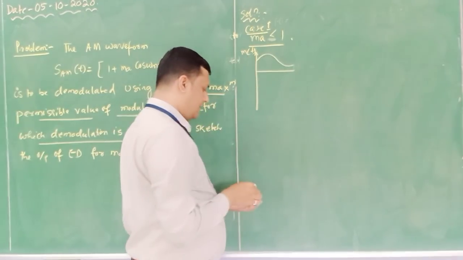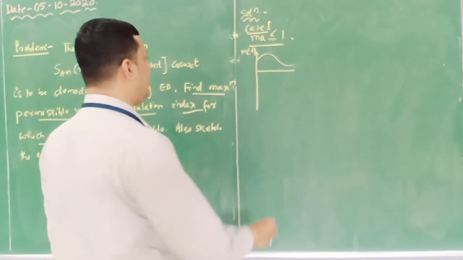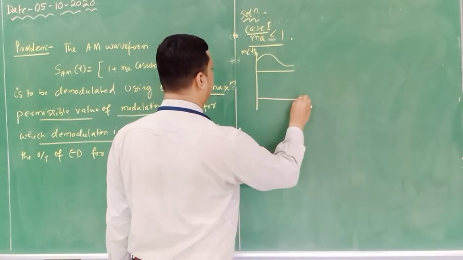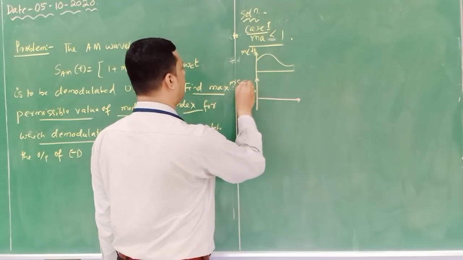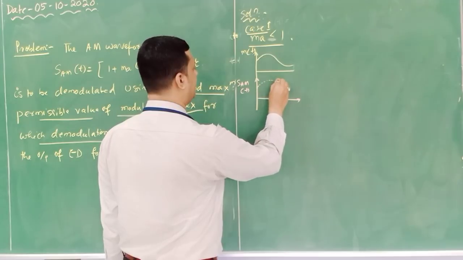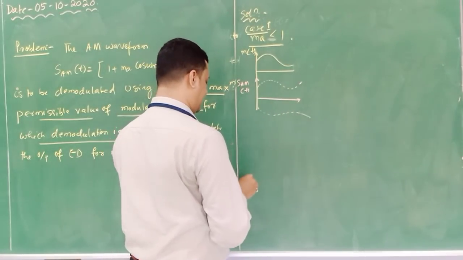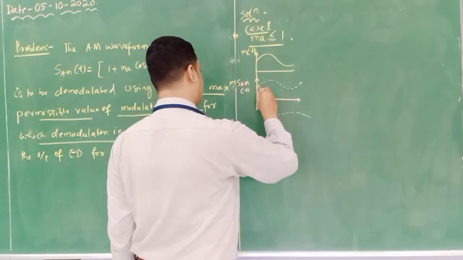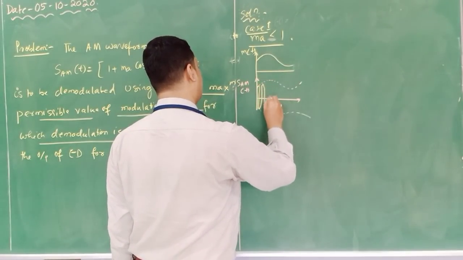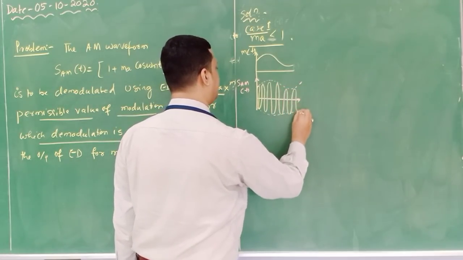If my modulating signal is this, then for MA less than 1 my modulated signal will be in this sort of representation, and my carriers are available within this envelope. So this is MA less than 1, meaning under modulation.